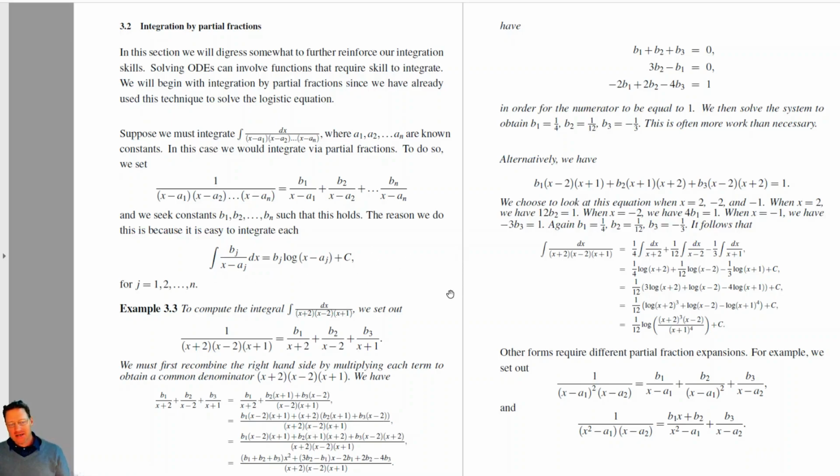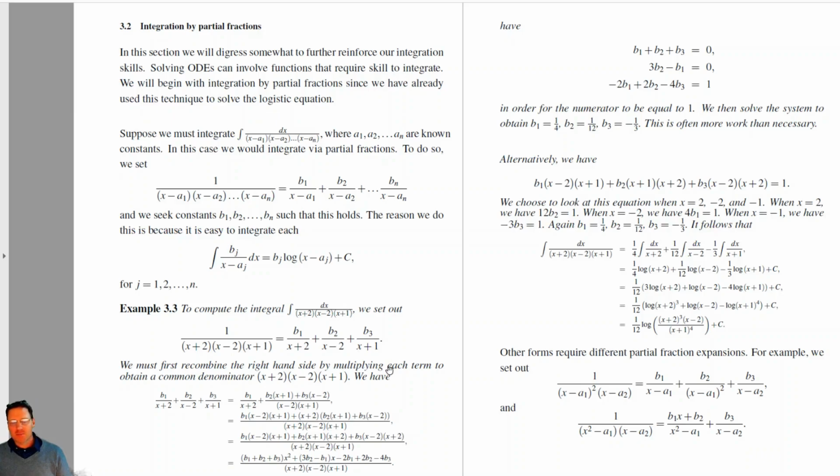Okay, now let's have a look at an example to compute the integral of dx over x plus 2, x minus 2, x plus 1. Well, we want to set it out just like this as a sum of three fractions: b1 over x plus 2 plus b2 over x minus 2 plus b3 over x plus 1.